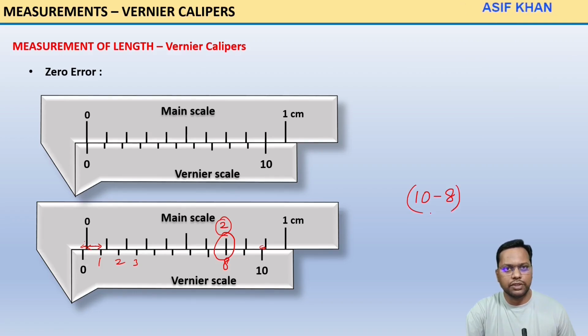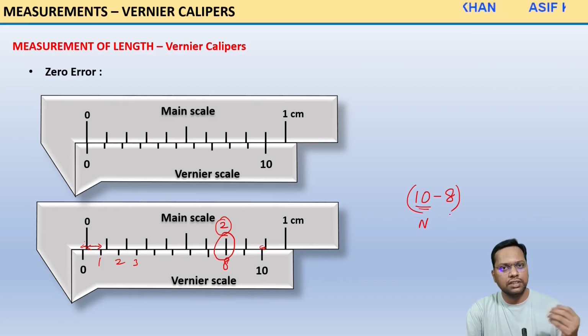This is how you get the division on the vernier scale which is coinciding with the main scale. Here 10 is the total number of vernier scale divisions, therefore it is denoted by capital N. And 8 is the division on the vernier scale which is coinciding with the main scale if you are counting from the left side, denoted by a small n, and into the least count.